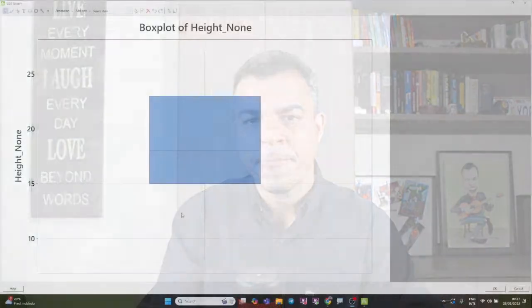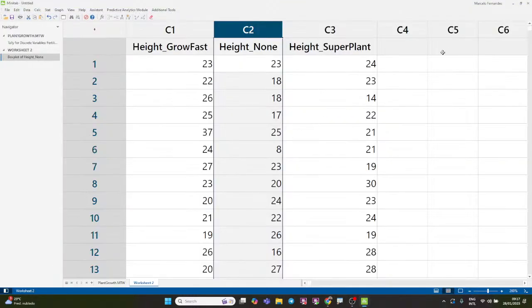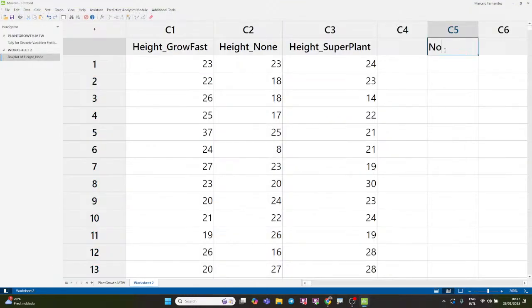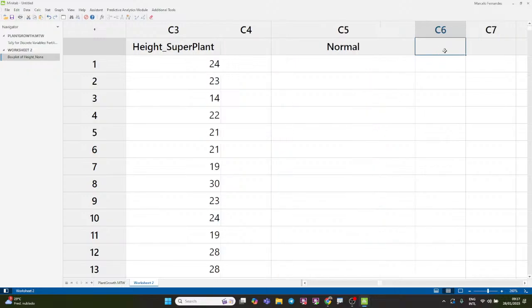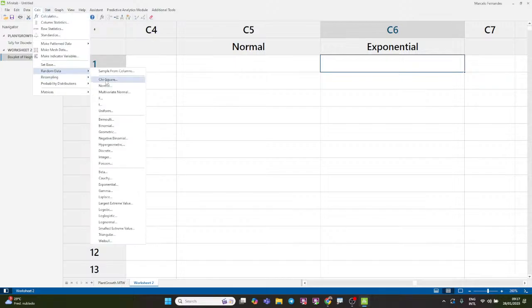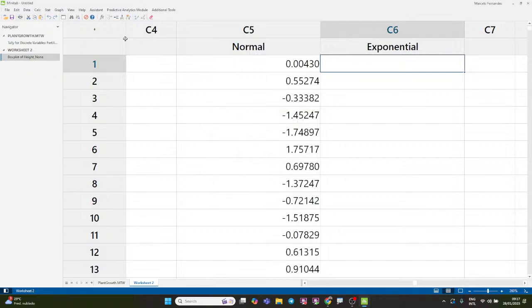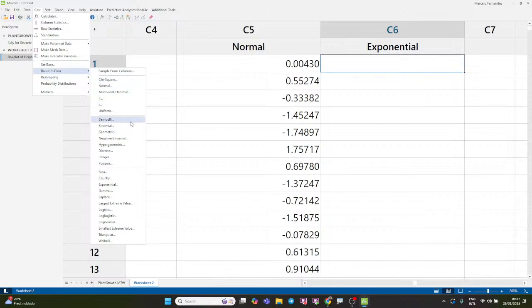So let me just show you a simple example here with two completely different probability distributions. Let me do normal and exponential. Let me run here 100 data points with normal and 100 data points with exponential.